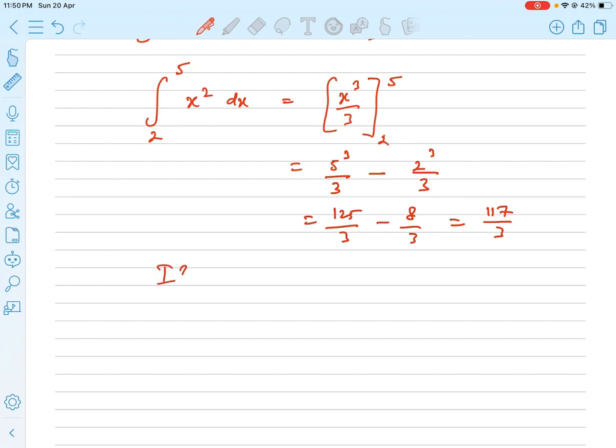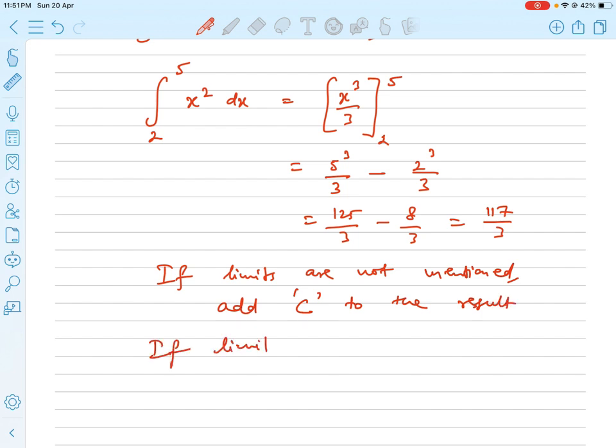So if limits are not mentioned, add c to the result, and if limits are mentioned, then do not add c to the answer. Okay, so this is what we are supposed to remember.